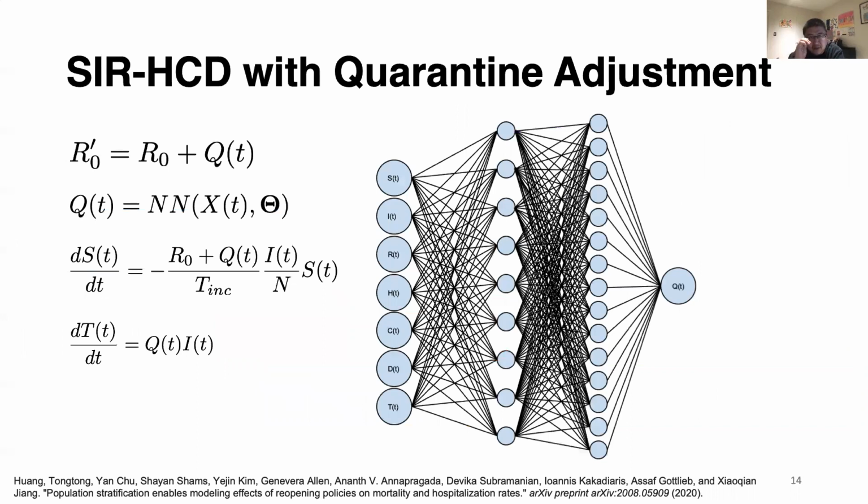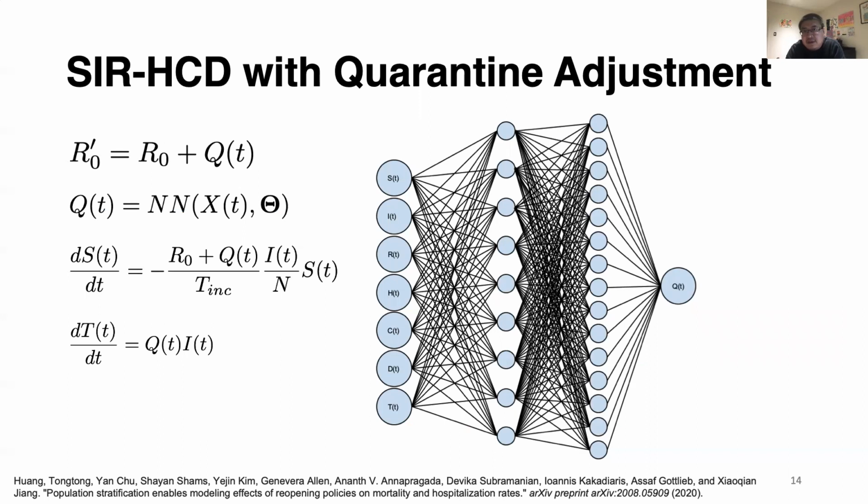And the authors in that paper further proposed to adjust the controlling parameter R0 to take into consideration specific quarantine effects. In reality, it is reasonable to consider such quarantine factors for adjusting the free parameters in the model.